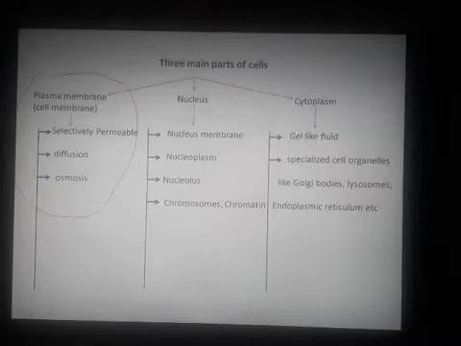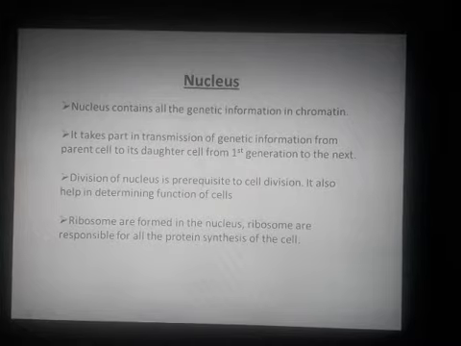Now in this video I am going to discuss the nucleus. Mainly it has four parts: nuclear membrane, nucleoplasm, nucleolus, and chromosomes and chromatin. First about the nucleus, then about its parts. The nucleus contains all the genetic information.